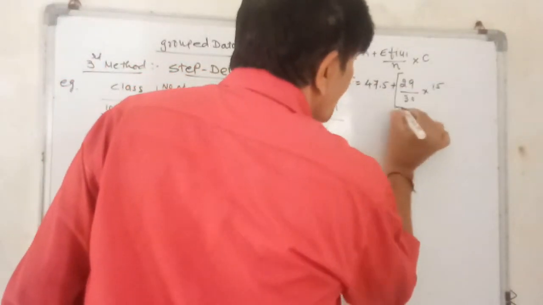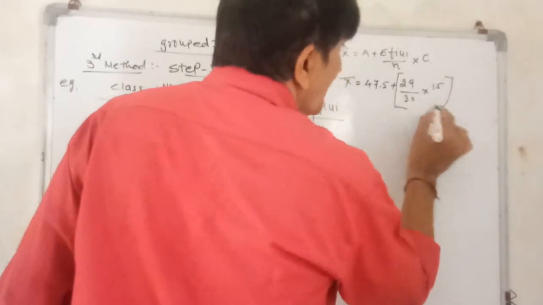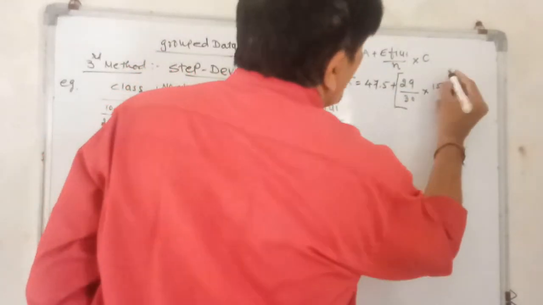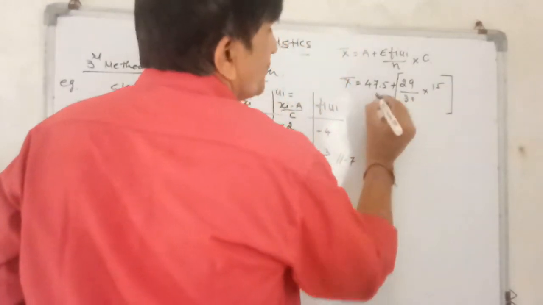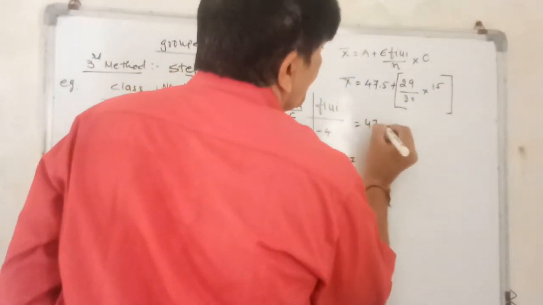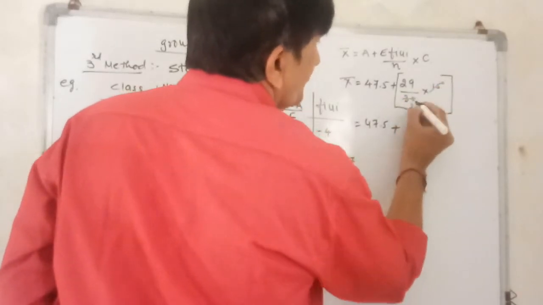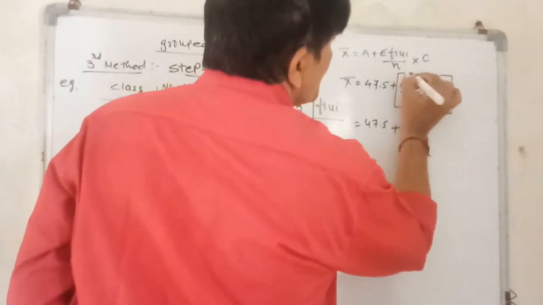Now put this value into the bracket. First you have to solve this one. The value inside the bracket you have to solve first. Then add it to 47.5. 15 2s are 30, and 2 1s are 2.